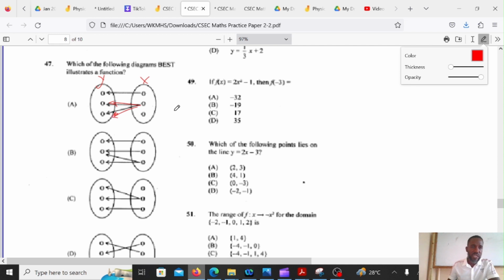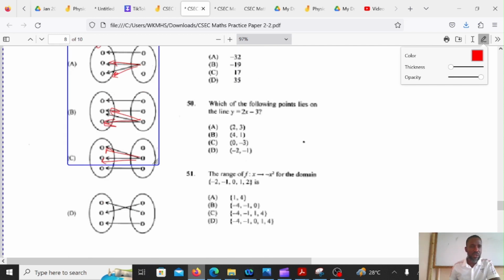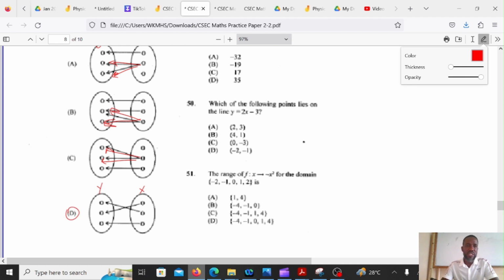Here we have two arrows leaving this element, so this is not a function. Here we have another two arrows leaving, so this is also not a function. If we look at this one, we only have one arrow leaving each element in the domain, so D is the function here.